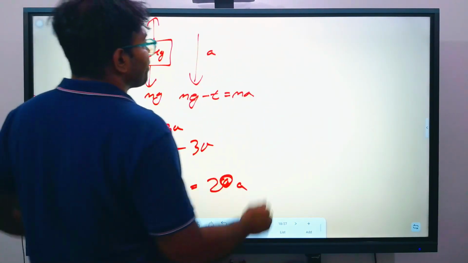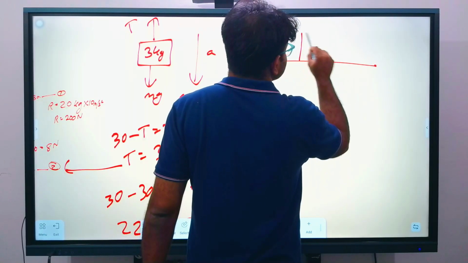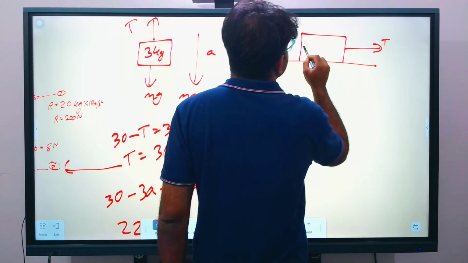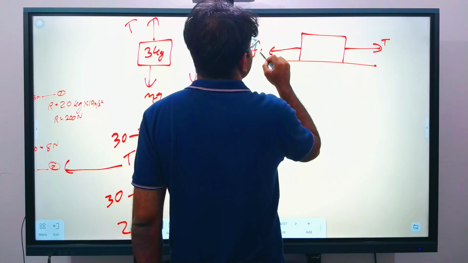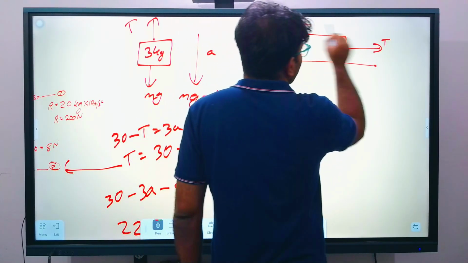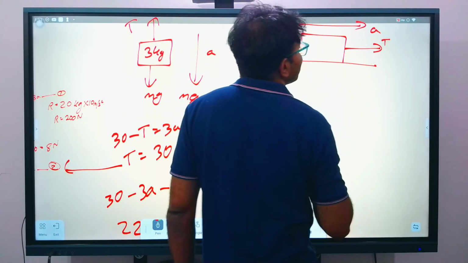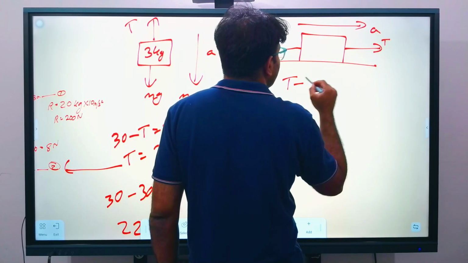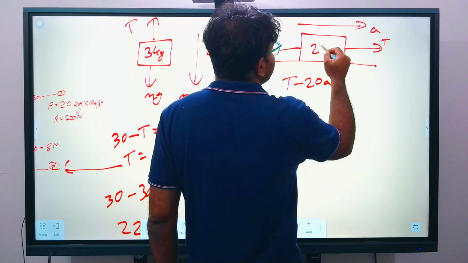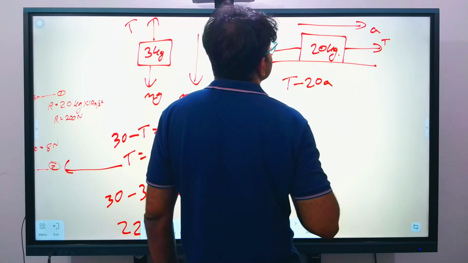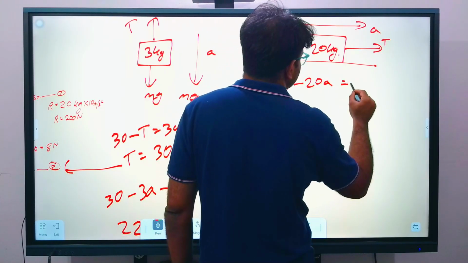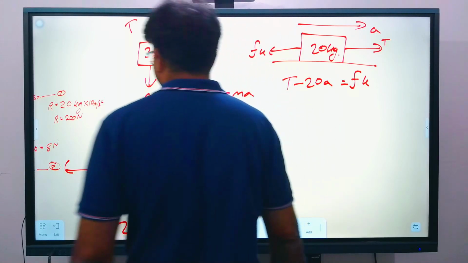Okay, similarly, you had a trolley like this. This was tension. This is the dynamic friction, and the trolley is moving in this direction with an acceleration of a. Again, I can write T minus 20a. This is 20 kg, right?